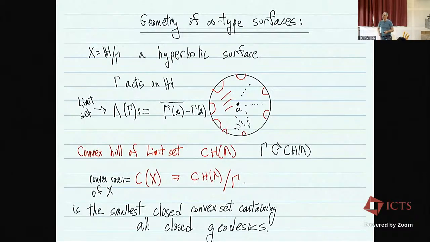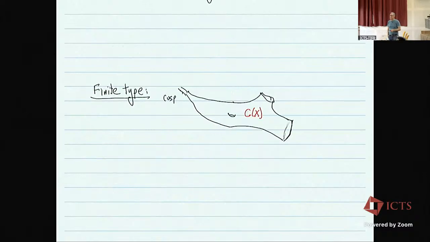Okay, so we have the convex core. And if you have a finite topological surface, let me just ask, what kind of ends can it have? Well, there's only two types of ends it could have. It could have a cusp, okay? Or it could have, oh, I should have drawn, these should be funnels that are flaring out. Okay, there's a funnel here and a funnel here.